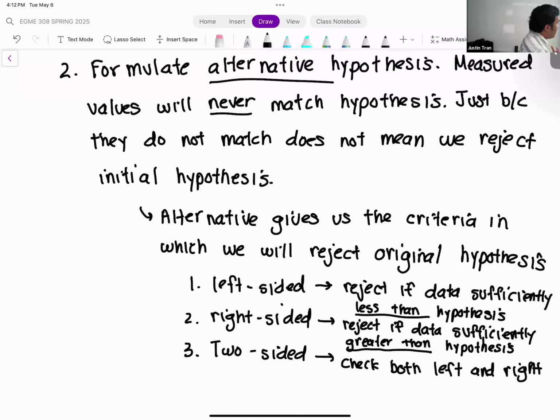Now, for this class, for the exam and for the homework, obviously, I just tell you what alternative to use. But in reality, this is a decision that you have to make based on the nature of your experiment, based on the nature of your situation.